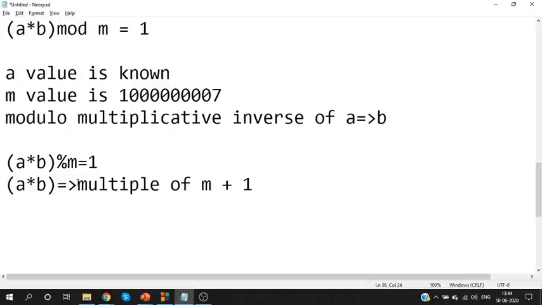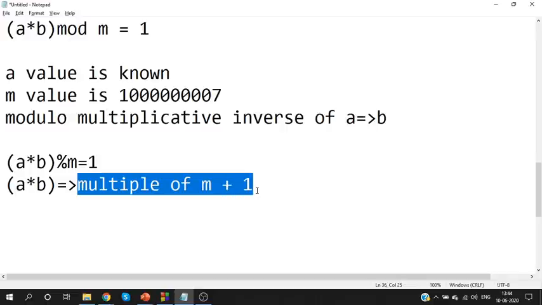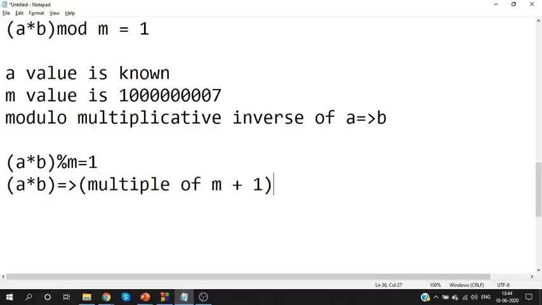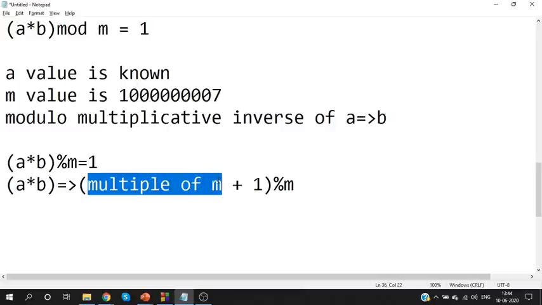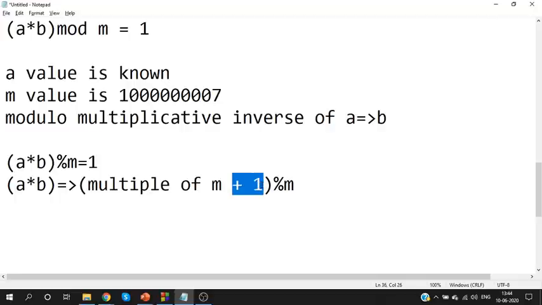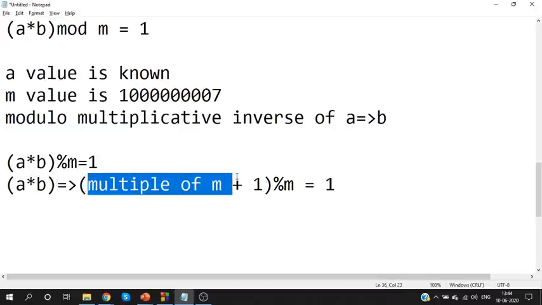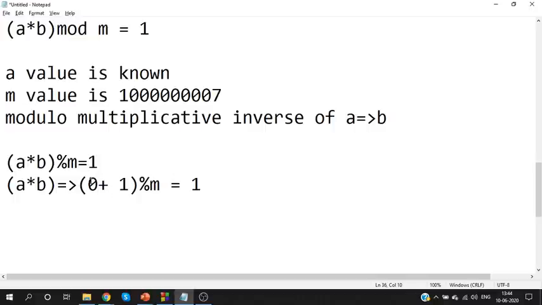Only when a into b is some multiple of m plus 1, you will get the remainder as 1. Why? Because when you do some multiple of m plus 1 modulus m, I have m's multiple and I have added 1 to that multiple. When you perform the modulus operation, definitely your answer will be 1 only, because the multiple of m will give the remainder as 0. So you will get this 1 only.